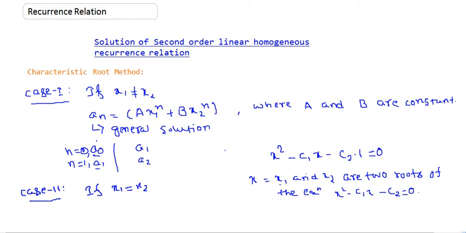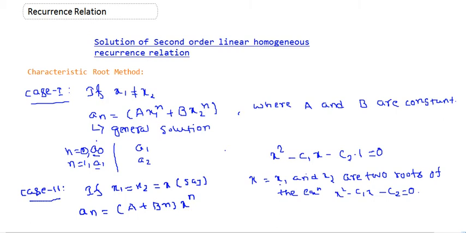If x1 equals x2, then the general solution will be an equals A plus B times n times x to the power n, where we assume x1 equals x2 is x. Actually x is basically x1 and x2, because they are the same, so we have only one value x.